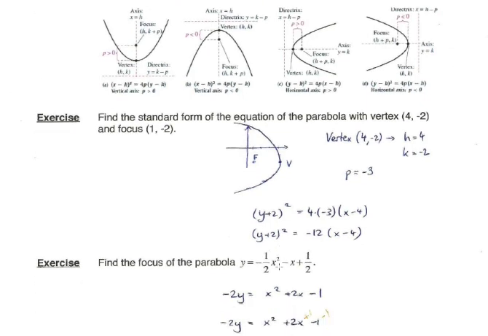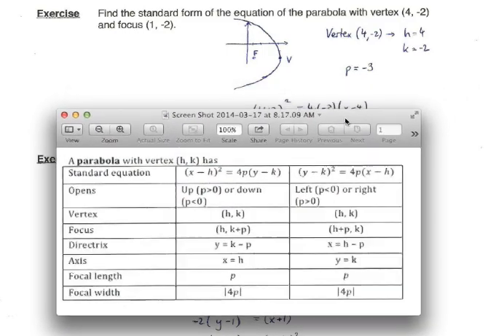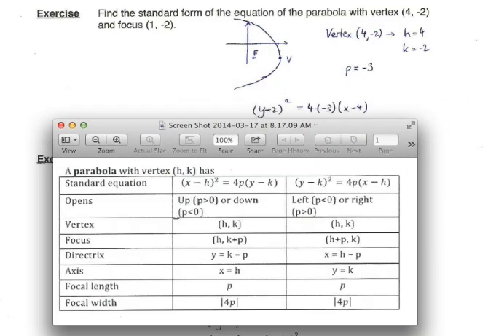To figure out all of that, we're going to use a table that is given at the end of your notes. I'll show it to you here. You have 2 columns. If the parabola opens up or down, then you need to rely on all the information in the first column. If the parabola opens left or right, then you have to rely on the information in that column.